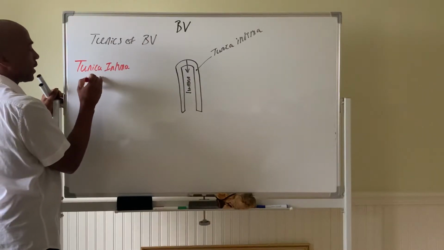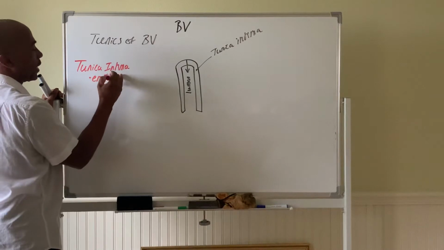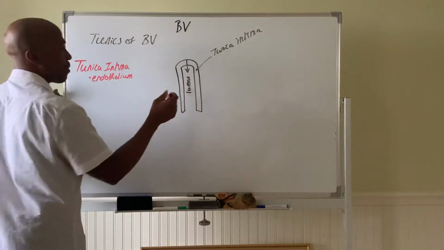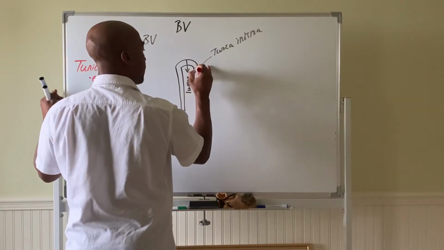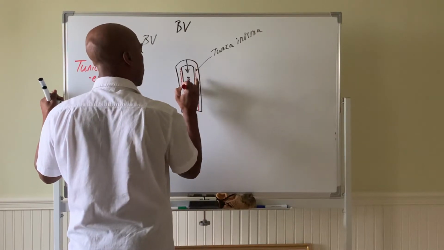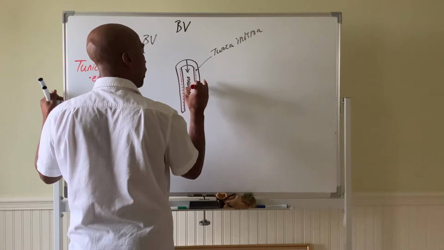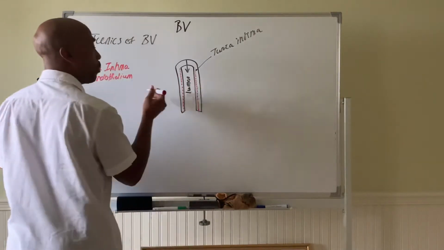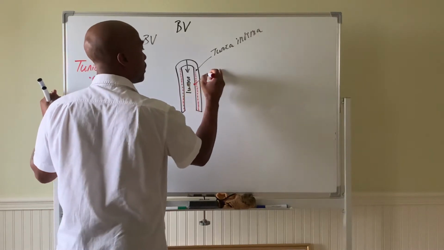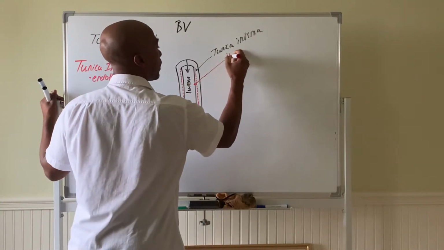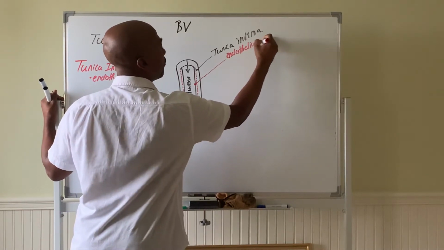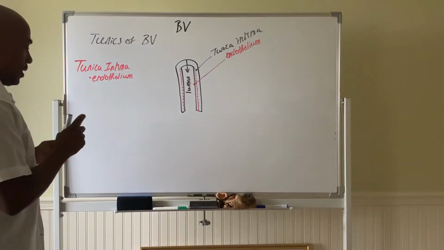The innermost layer, the part that touches the blood, is called the endothelium. Then you have a lamina behind it. This innermost layer that touches the blood basically forms the lumen. This layer is the endothelium of the Tunica Intima.